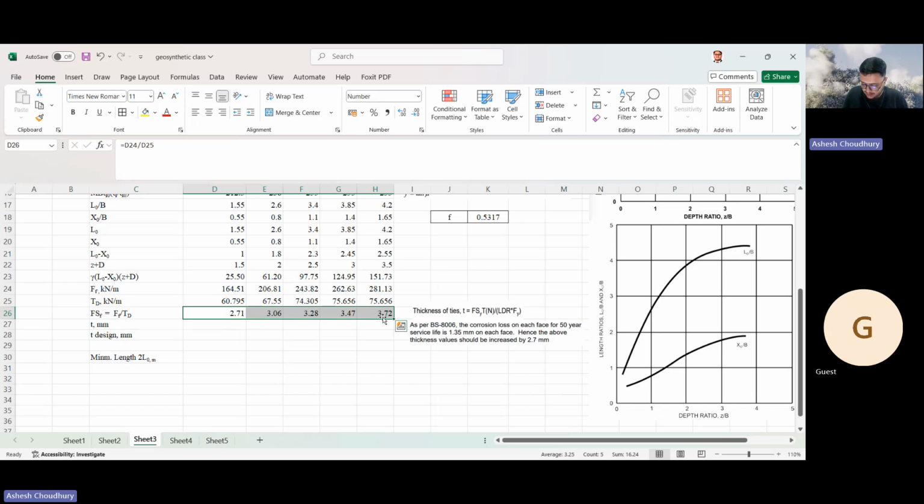So FSF we are finding out now, right? FSF will be FF by TD. So that we are getting.